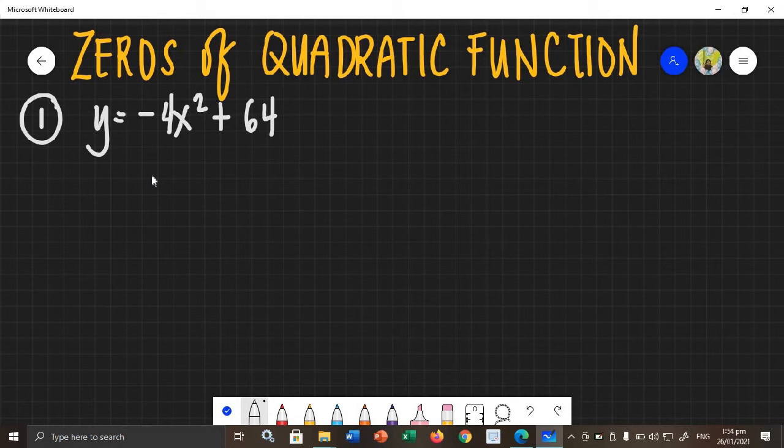Kasi mas makakapili kayo kung saan kayo mas mapapabilis na mag-solve. Like in this example, kaya natin siyang ma-solve by using the quadratic formula and by extracting the roots. Hindi siya pwede by completing the square kasi wala tayong linear term. Pwede by factoring, kaso kasi parang naturo ko sa factoring parang trinomials.